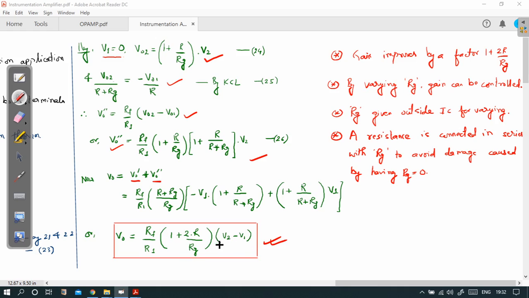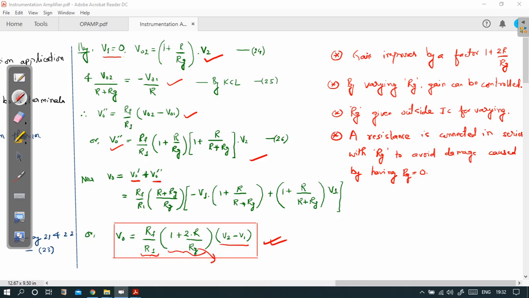V2 minus V1 and RF by R1 were there in the difference amplifier equation. What extra term has come here? That is 1 plus 2R by RG. So the gain has increased by a factor of 1 plus 2R by RG as compared to the difference amplifier. Remember this.